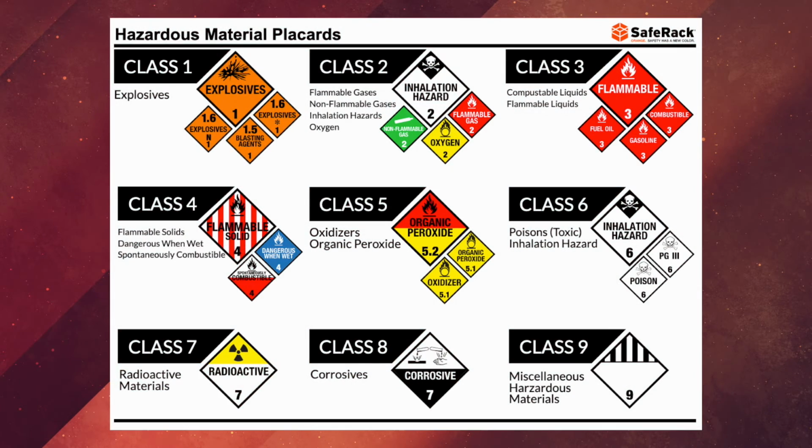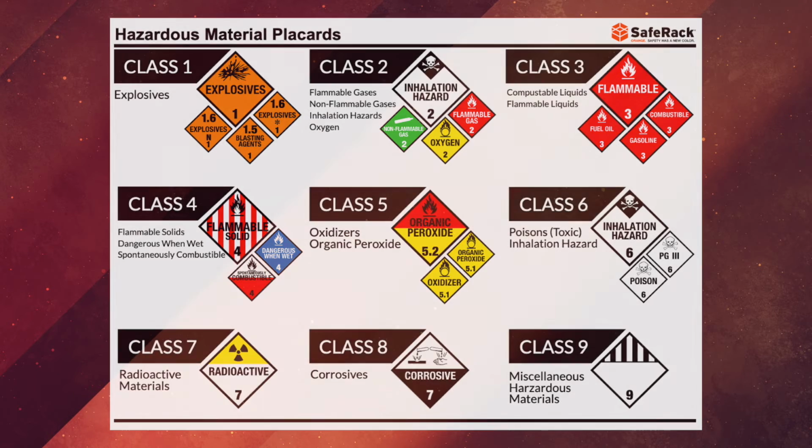Placards can normally be found on something that cannot be touched. For example, gas, diesel, petrol, and other toxic substances. It is basically for shipments of hazardous materials or dangerous goods.